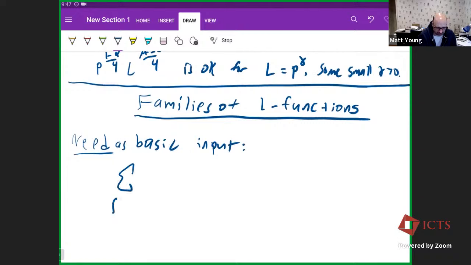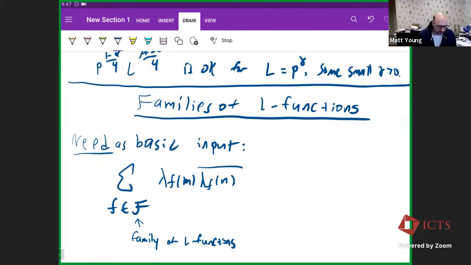So we need to sum over elements in our family. So script F is our family of L functions, or maybe a family of automorphic forms, like Dirichlet characters or something like that, giving rise to the L functions. And we need to be able to average over the Dirichlet series coefficients over the family.